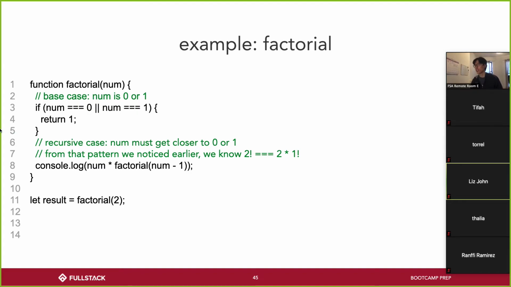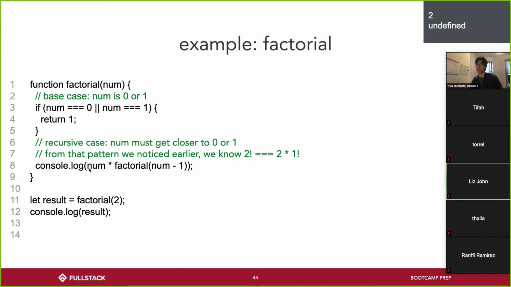So what this will do is log 2, because 2 times factorial of num minus 1, and here we're returning 1, so factorial of 1 becomes interchanged with 1 once it's done running. And so then we're doing console log 2 times 1, which is going to log 2. But we can't store that value anywhere because we're not returning.